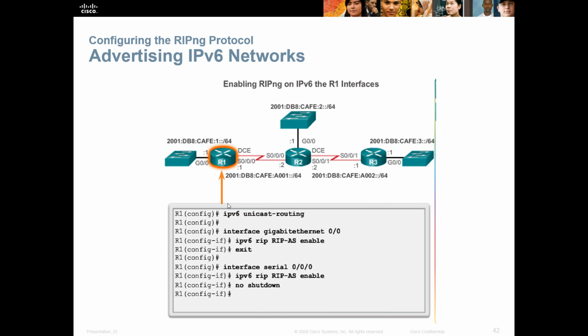So how do we do this with IP version 6? First, make sure it's turned on. Then we are going to set up the appropriate IPv6 route, the route name, and enable.